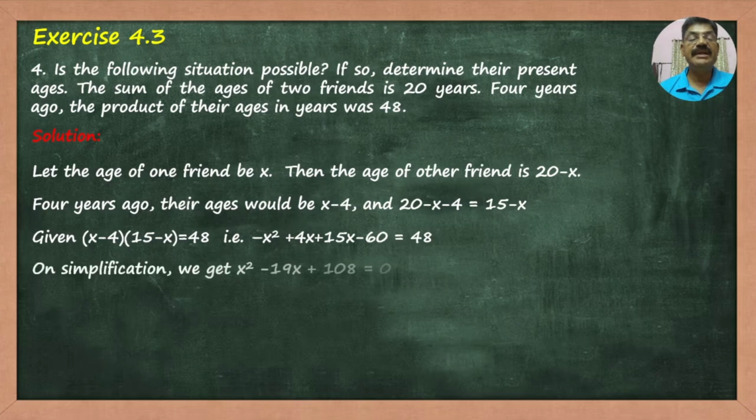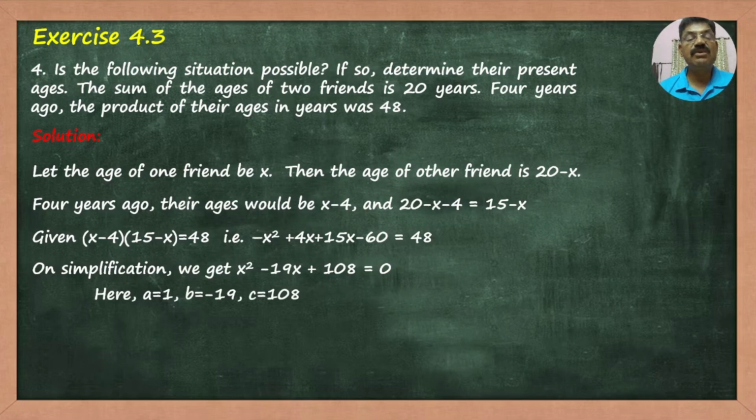When you multiply, you get minus x square plus 4x plus 16x minus 64 is equal to 48. After simplification, we are left with x square minus 20x plus 112 is equal to 0. If the situation is possible, then b square minus 4ac must be greater than or equal to 0. Let us check.